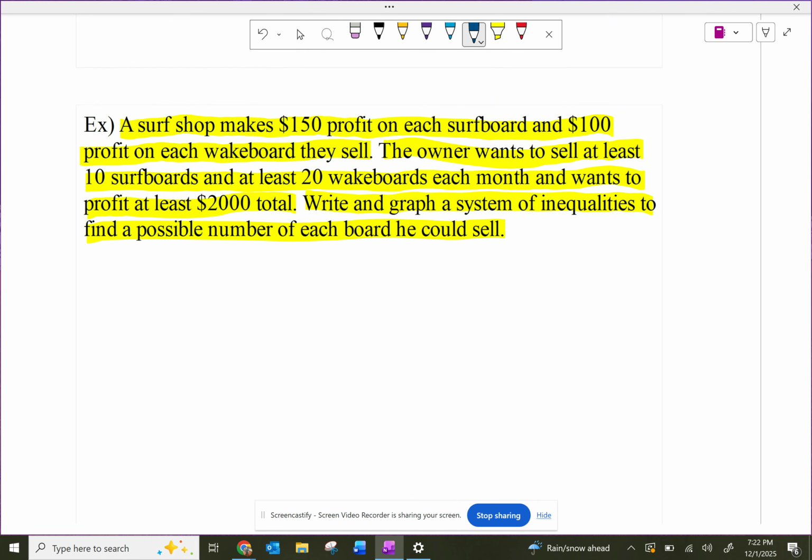So the first constraint is that the owner wants to sell at least 10 surfboards. So I'm going to let X be the surfboards. And I'll have Y be the wakeboards sold.